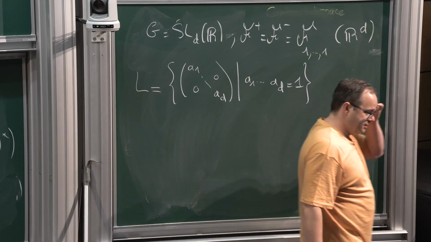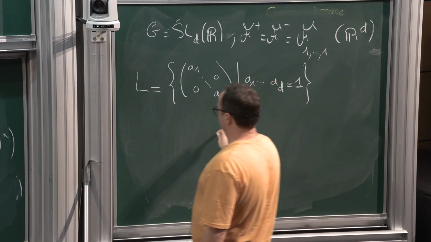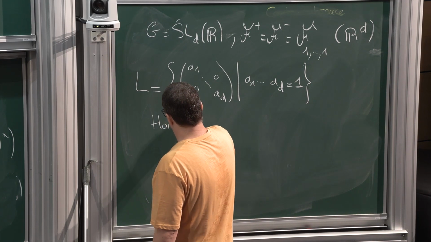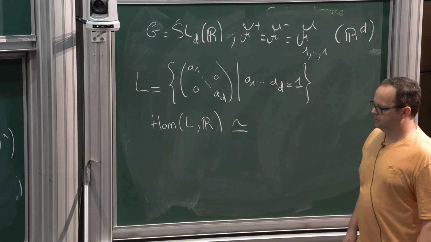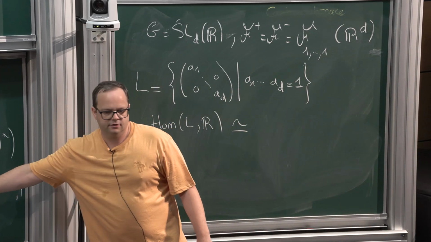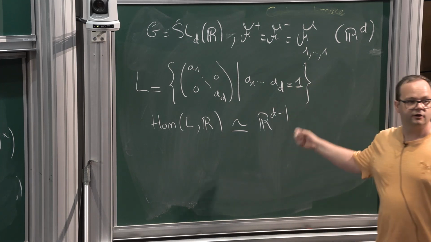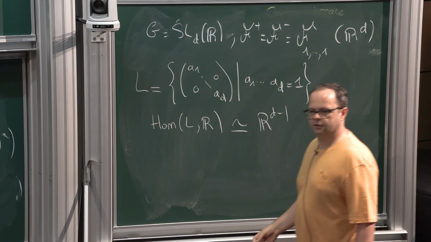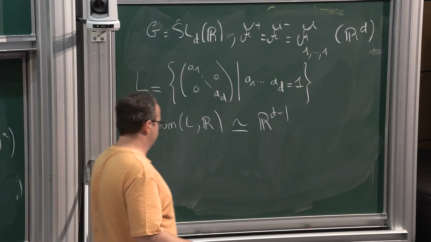So this is already almost R to the d minus 1, except for the signs. Here the only thing that you can do is take sums of such things. So this will be R to the d minus 1. So now you have a wider range of flows that you can construct from these G mod Ls. And the question now is which ones will give axiom A flows and quotients for Anosov representations?